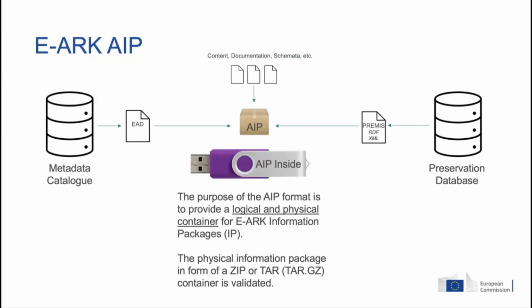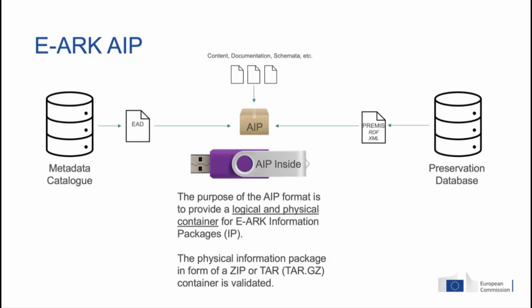It's not a SIP anymore in this sense, because the SIP is a content information type specification and the preservation metadata is not a content type. The preservation metadata is relevant across all packages. That's why it's horizontal here, and we call it the common specification for preservation.